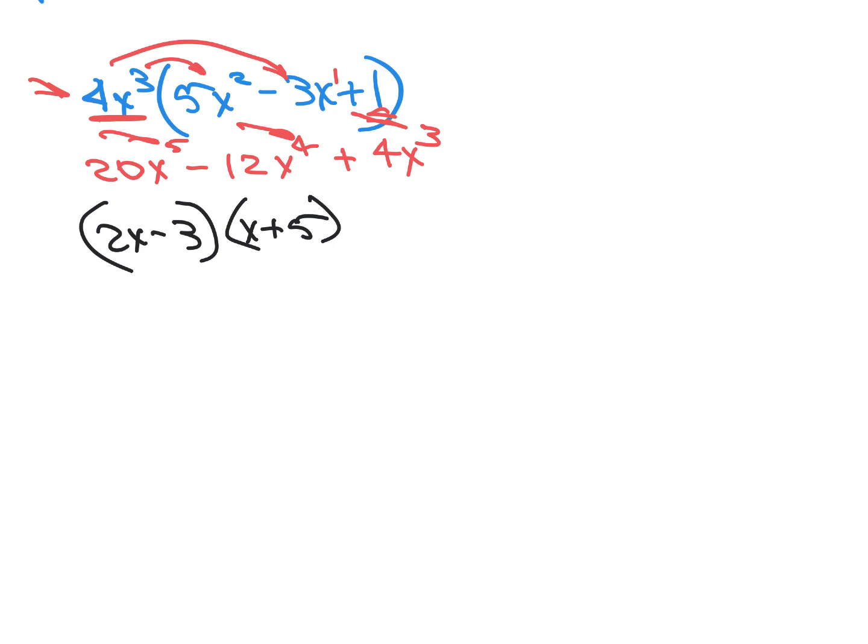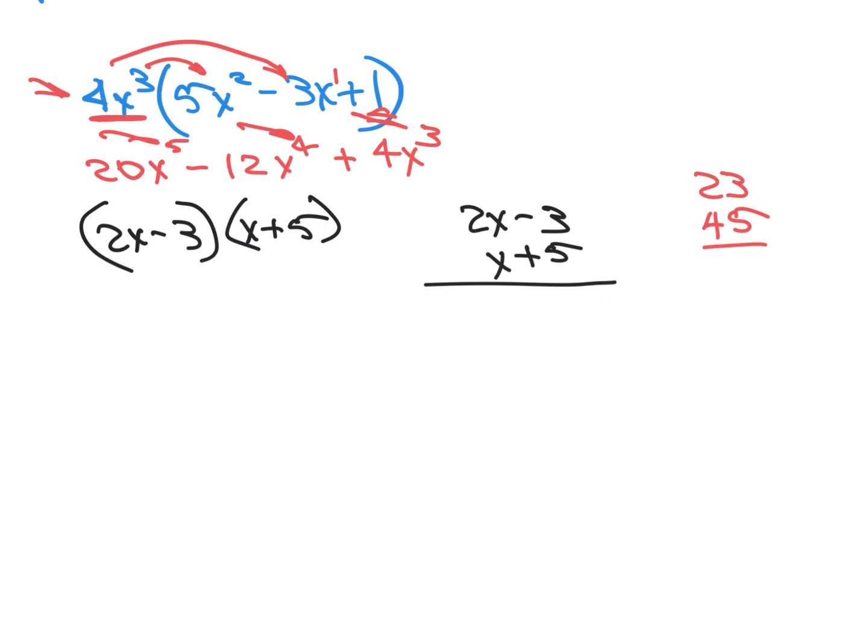So I'm going to show you two different ways to do it. One is called the vertical method. The vertical method says that you take 2x minus 3 over x plus 5. And the vertical method has you multiply just like you normally multiply two-digit numbers.